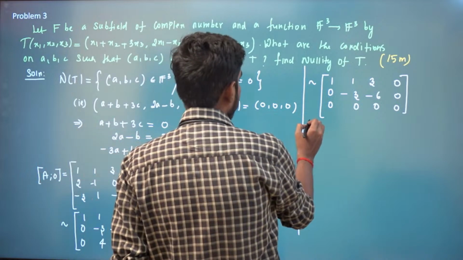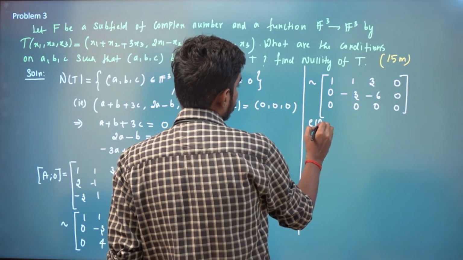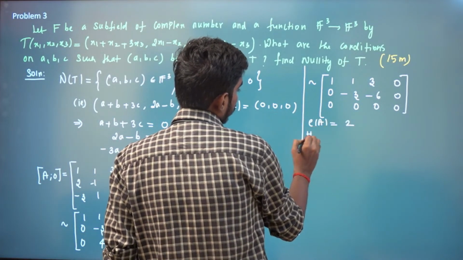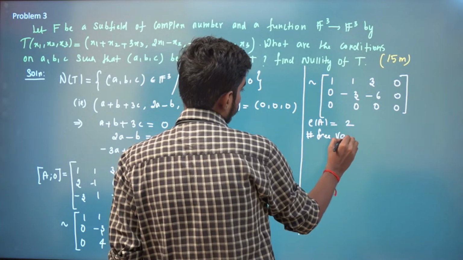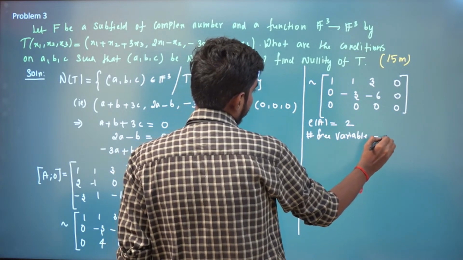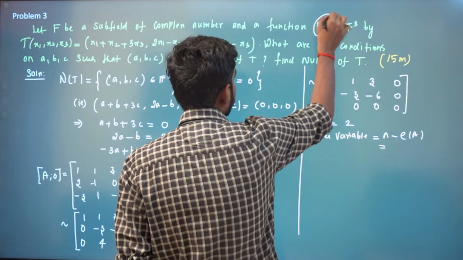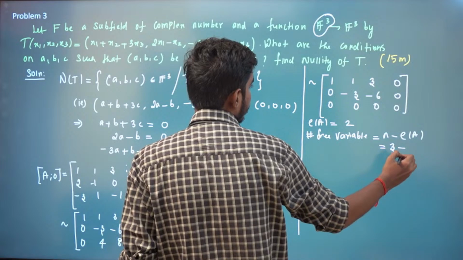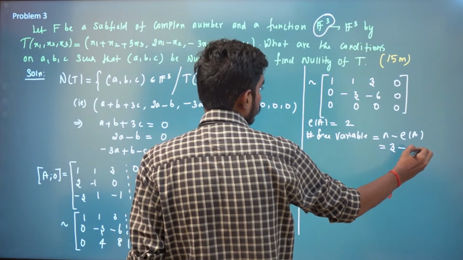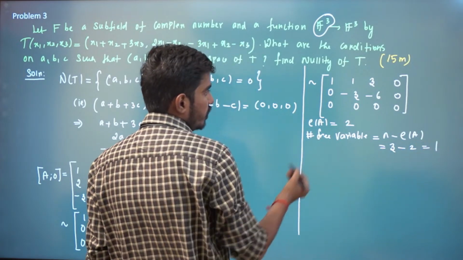Now we see that the rank of this matrix is 2, and the number of free variables is n minus rank of A. So n is the dimension of domain space, which is 3, minus rank of A, which is 2. So we have one free variable.